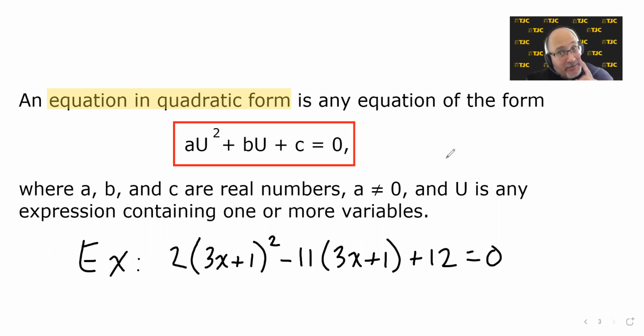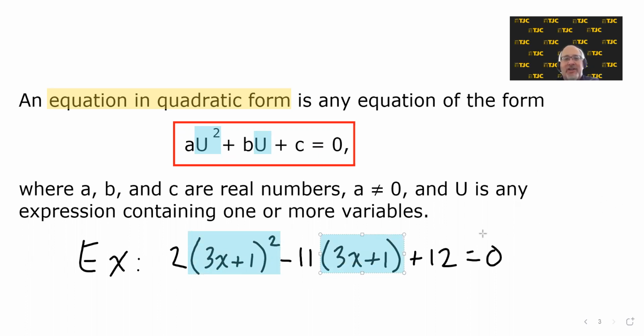Now, this technically is also a quadratic equation, but it's also quadratic in form in the sense that it has an expression that occurs twice, once with a square and once without a square. In this case, the expression is 3x plus 1. Notice it shows up once with the square and once without a square.